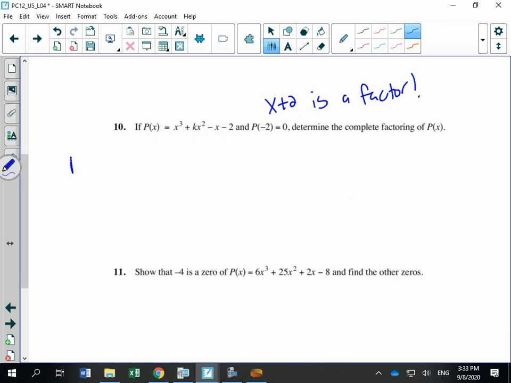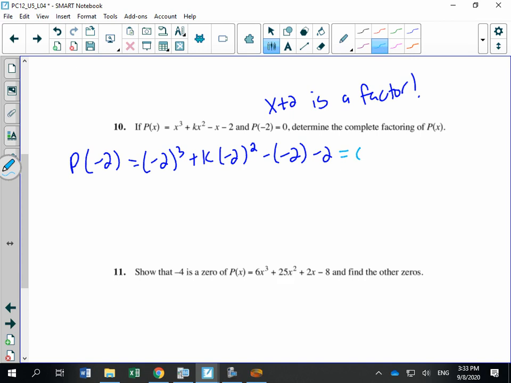So p of negative 2 is equal to negative 2 cubed plus k times negative 2 squared minus negative 2 minus 2. If it's a factor, that's equal to 0. So now let's figure out what we have over here on the left-hand side. Negative 2 cubed is negative 8. Negative 2 squared is plus 4k.